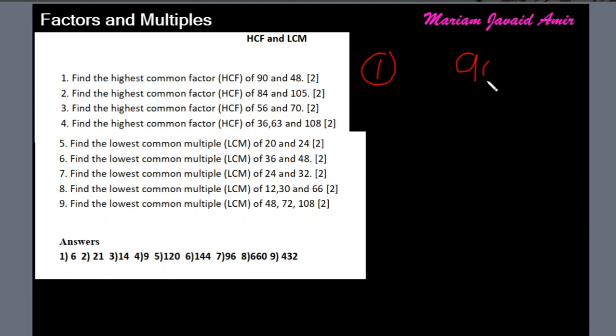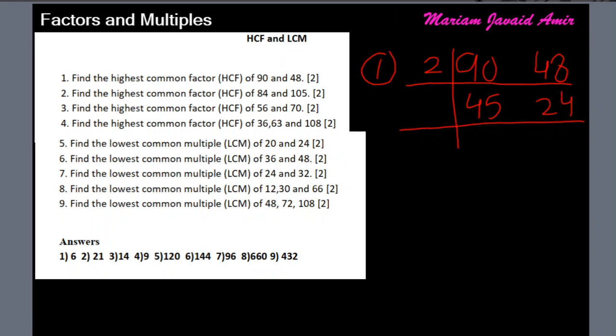So I'll write 90 and 48, and then I'm looking for a common number that would divide both of these. So the smallest number is 2, so 2 45s are 90 and 2 24s are 48. And now again I'm looking for a common number that divides both of these, so that would be 3.